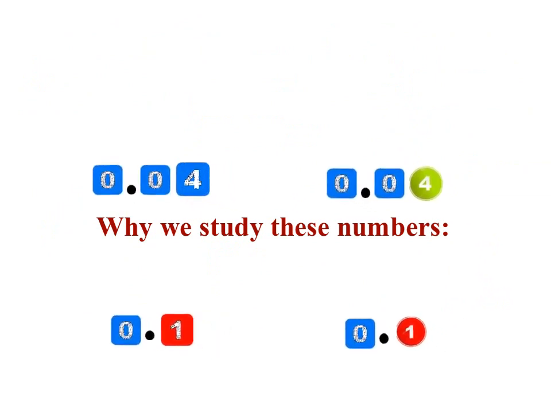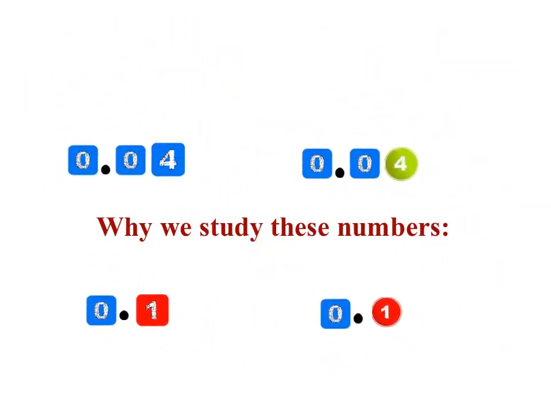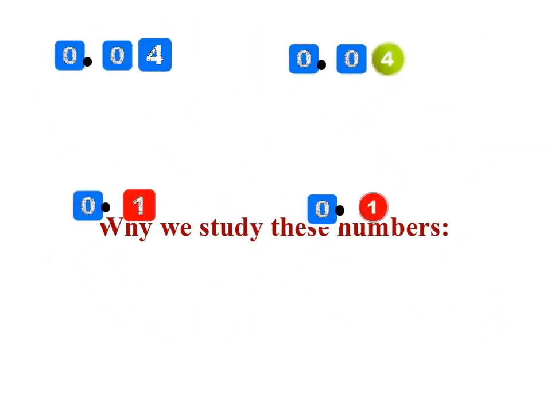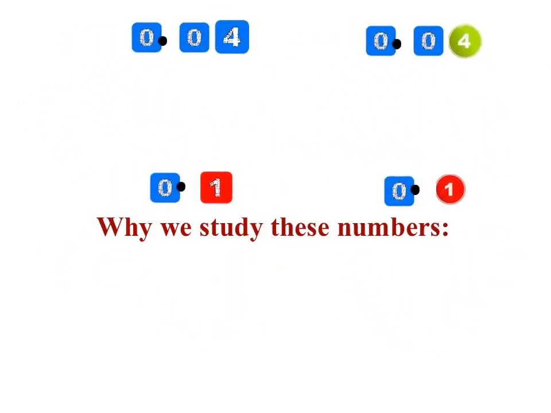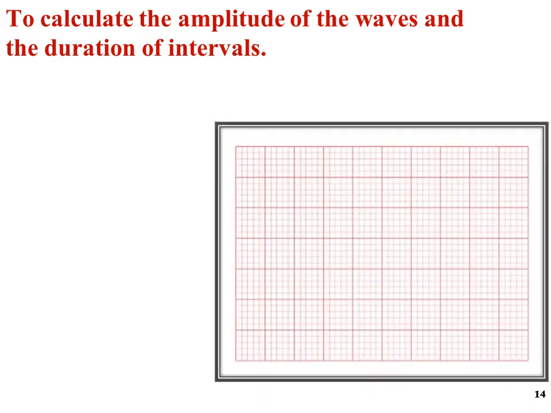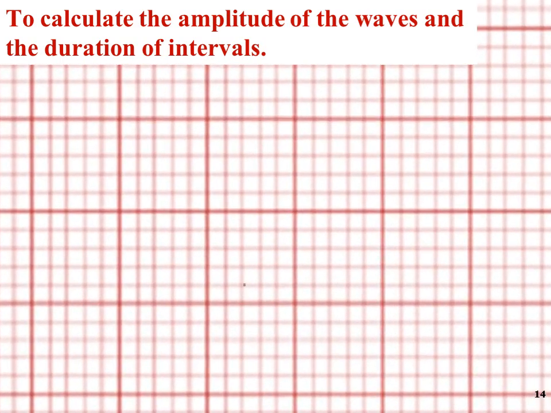Why we study these numbers؟ ليش ندوخ روحنا ونحفظ هاي الأرقام 0.04 second وال 0.1 millivolt. To calculate the amplitude of the waves and duration of intervals. حتى نحسب الامبليتيودز والduration of the waves and intervals حتى نعرفها نحسبها نعرف الطبيعي شقد ونعرف هذا التخطيط طبيعي أم لا. ناخذ مثال example.